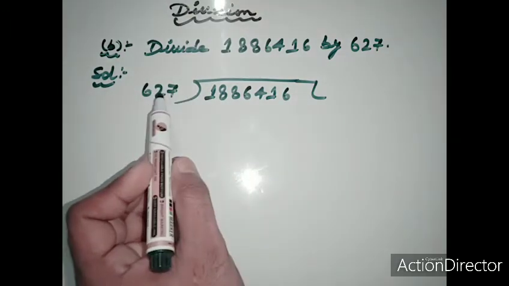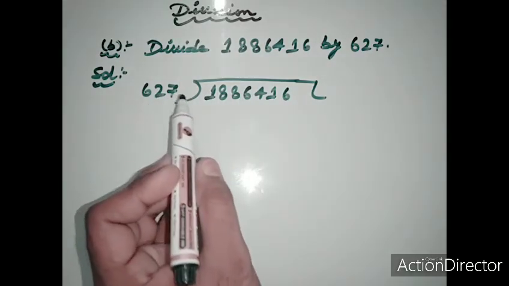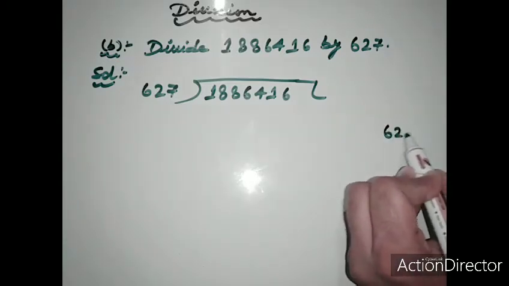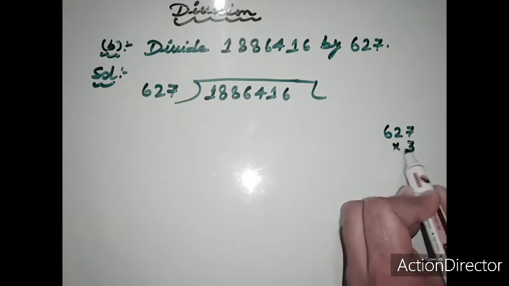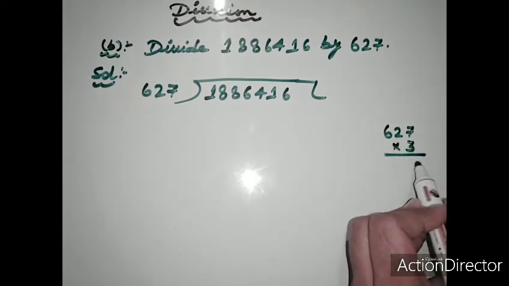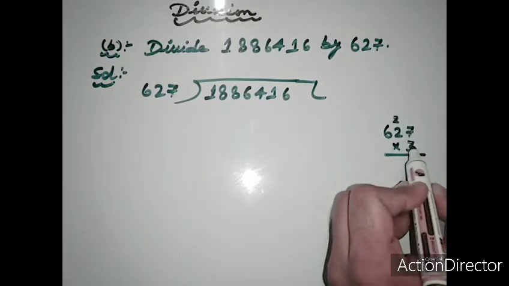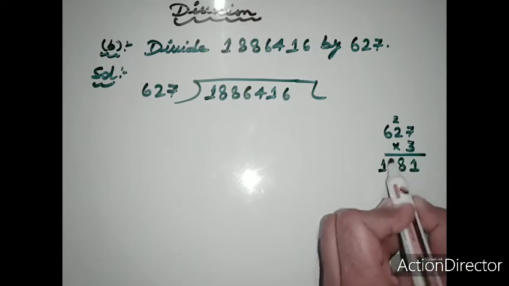Now how many times is this number divisible by 627? So here we multiply 627 with 3. 3 sevens are 21, 1, 2 carry here, 3 2s are 6 plus 2, 8, and 6 3s are 18, right?